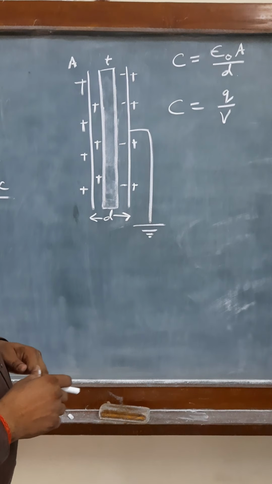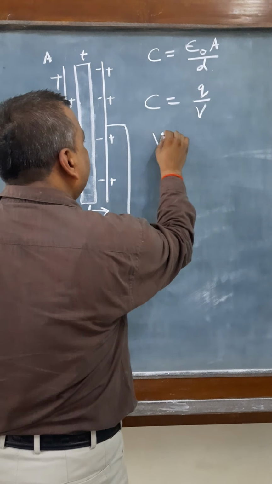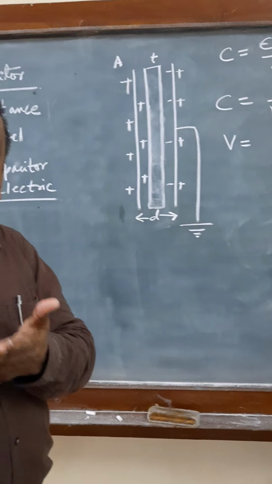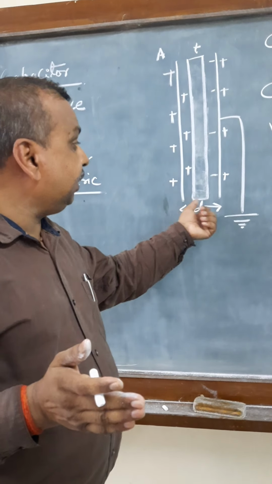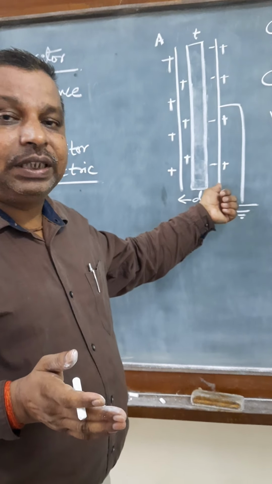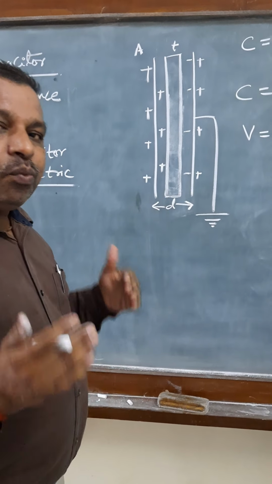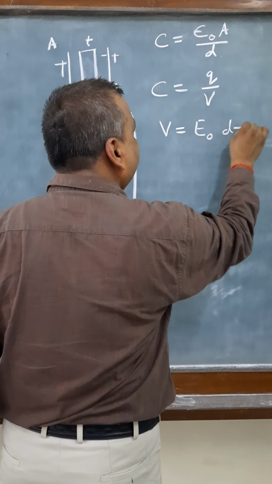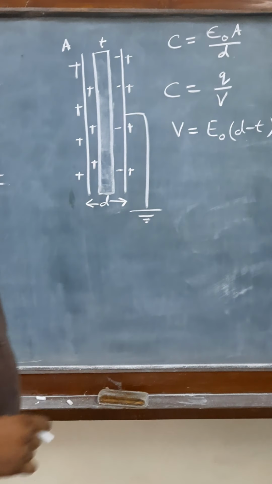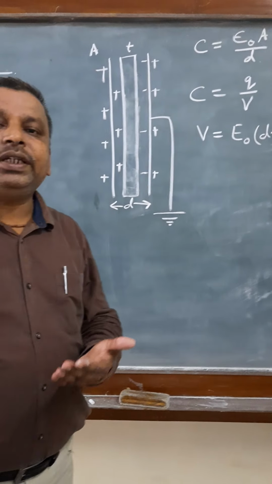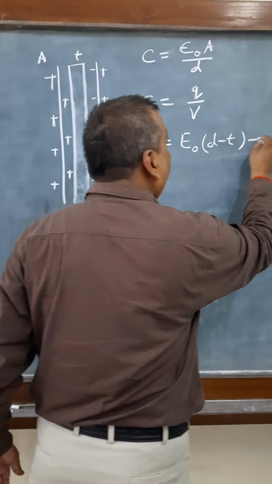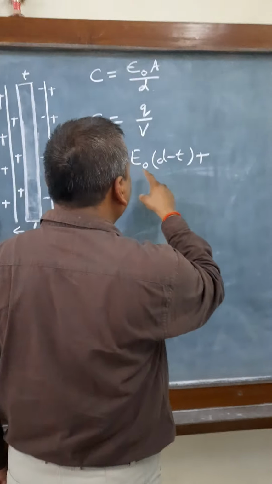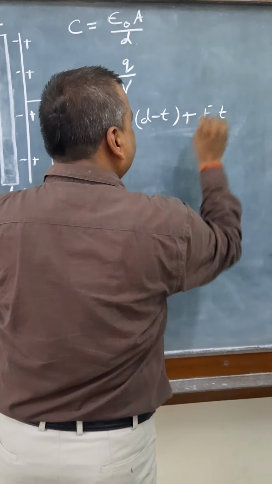The potential V is equal to the potential at any point in free space, because air is there between the plates of the capacitor, so it will be E naught into d minus t, because d minus t is the width of the air. For the dielectric medium, whose constant is suppose K, the potential will be E into t.